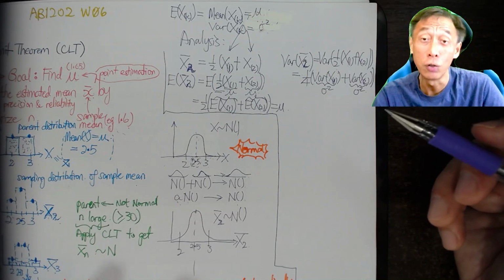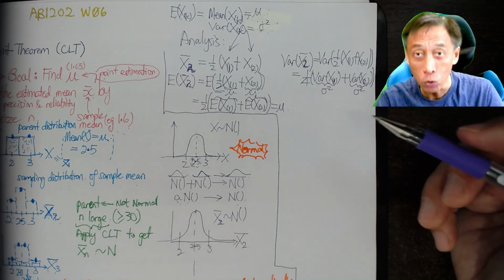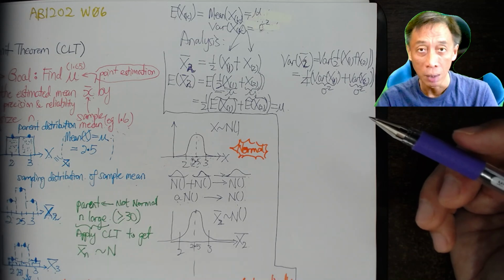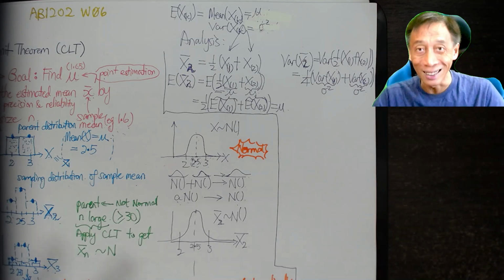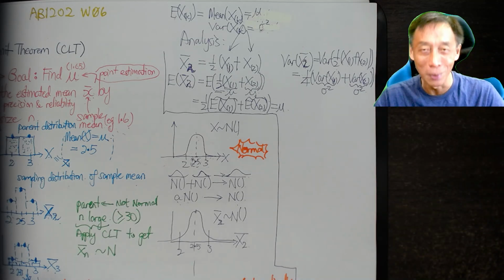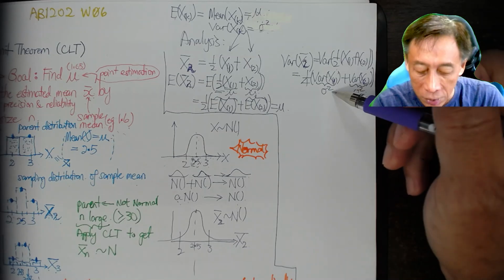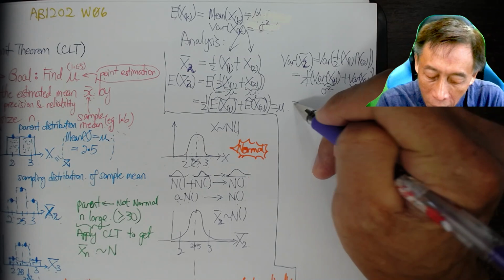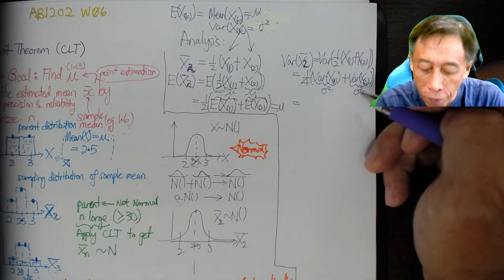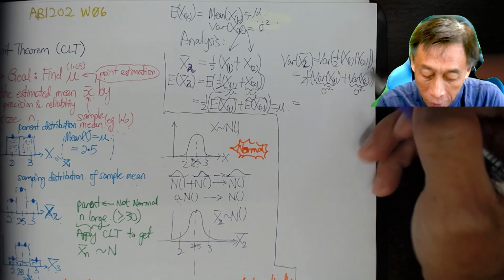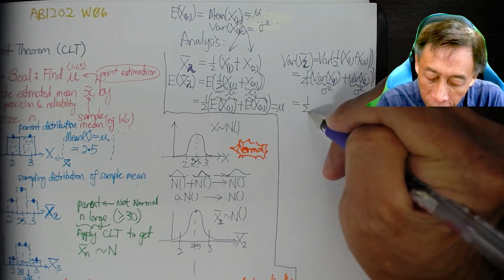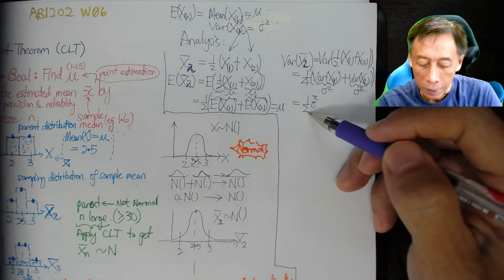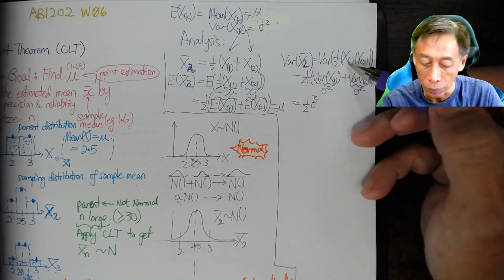The distribution of the parent is the same. The individual wallet number may be different, but as a collective, that town is that town. That town's distribution is the same. So that's why the variance of that population is the same. So now what do we have? We have 1/4 of 2 sigma squared, so that is going to be half sigma squared. This 2 is related to this 2, as you can trace through.